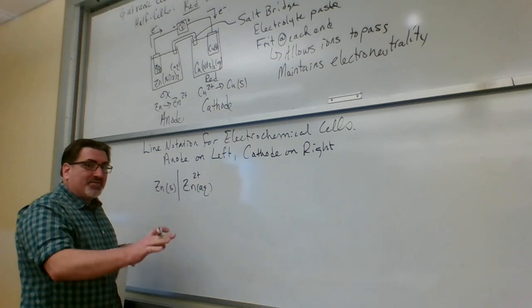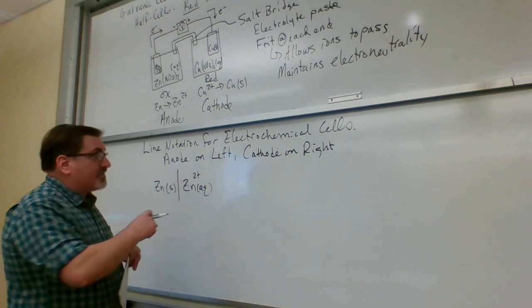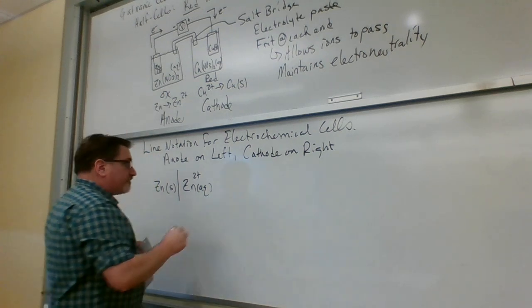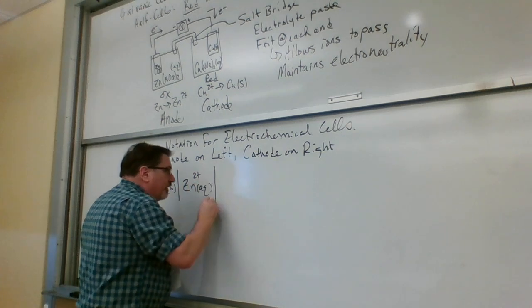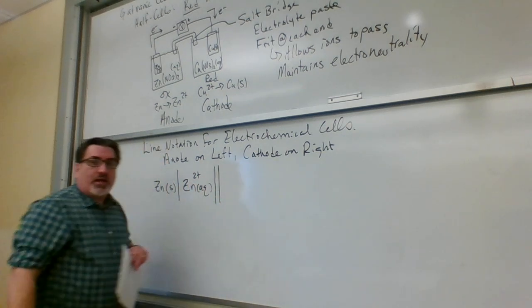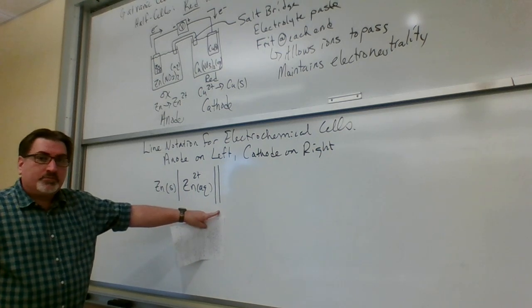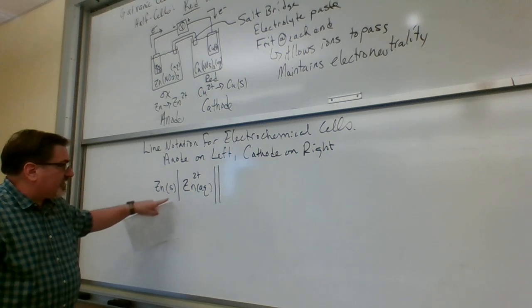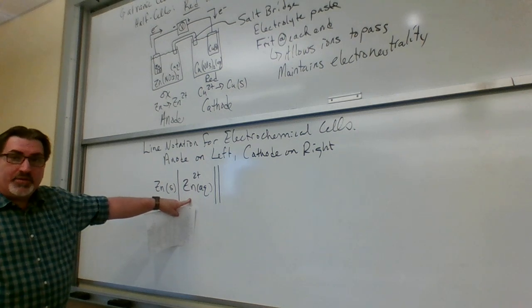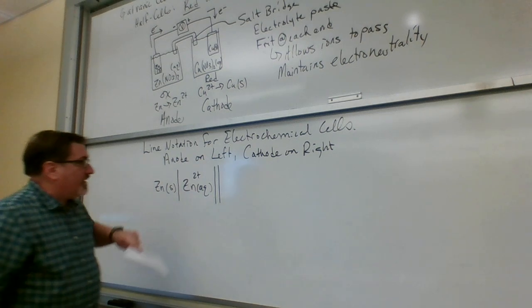Then we go to the other half cell. We can't just put a single vertical line because there's more than just a phase boundary there. There's a salt bridge. The salt bridge is two vertical lines. The salt bridge separates the half cells. So zinc goes to zinc 2+ on the anode or negative or oxidation side.